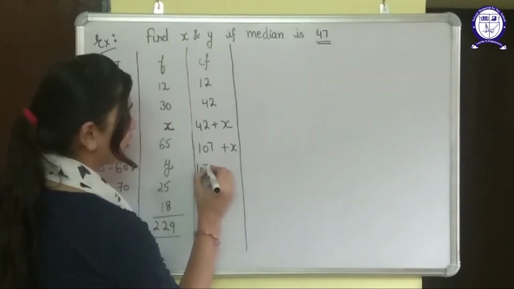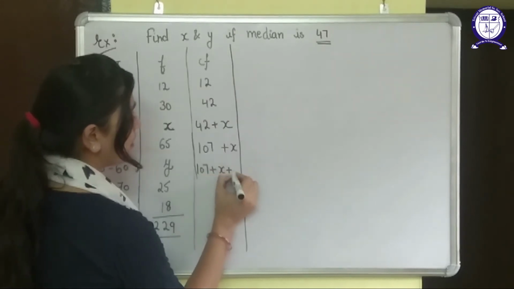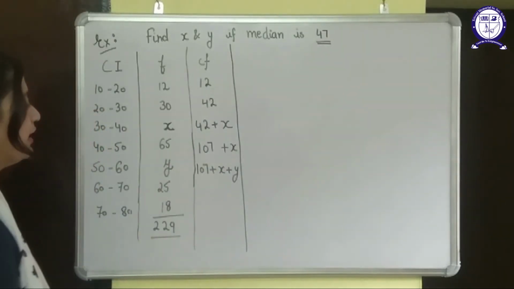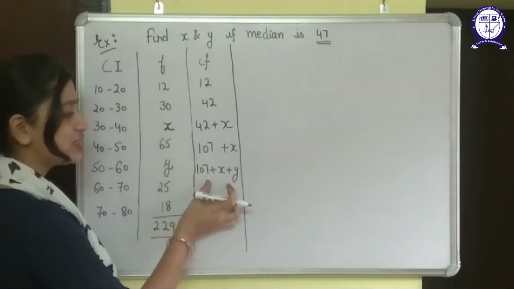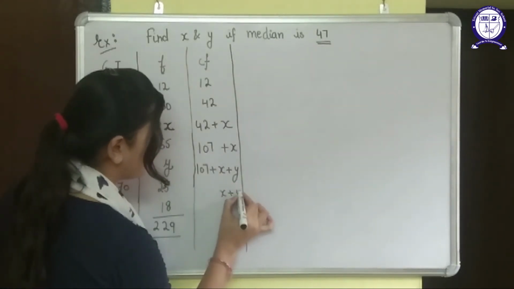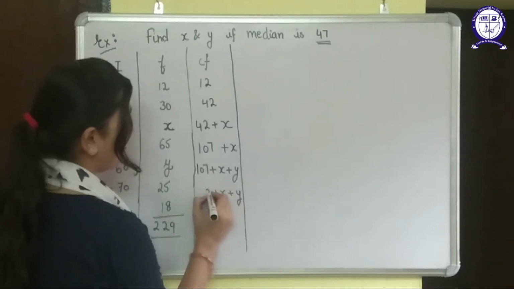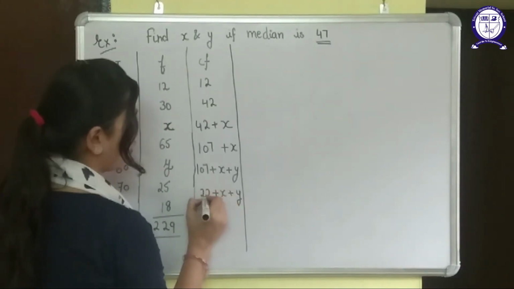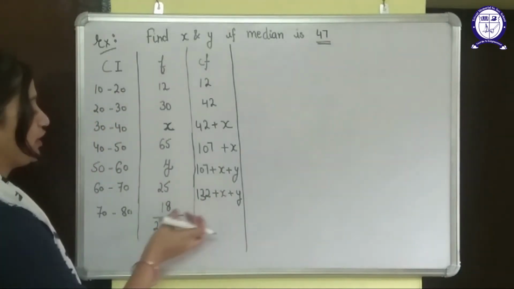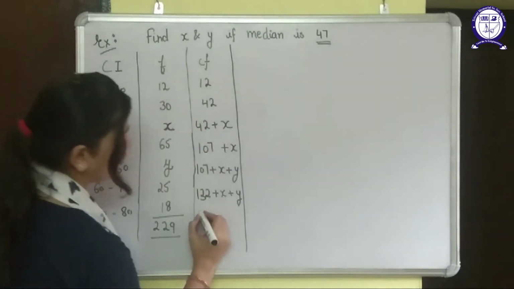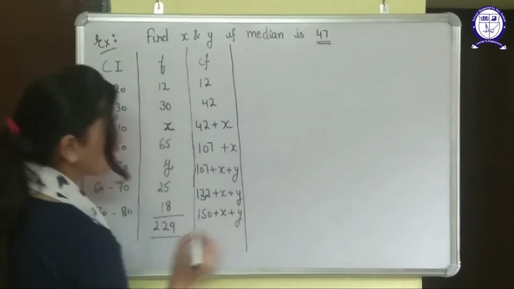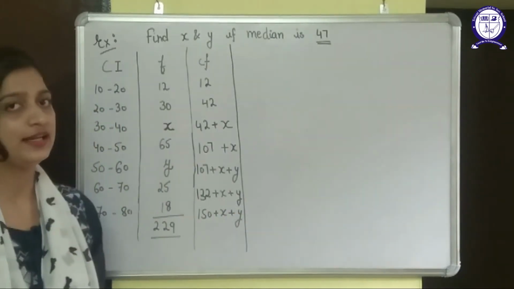So it will be 107 plus x plus y. It will again be in the form of an algebraic expression. Then adding 25 to this, x and y will remain the same and 107 plus 25 will be 132. Okay. Then 132 plus 18, it will be 150 plus x plus y. So this will be my cumulative frequency table.